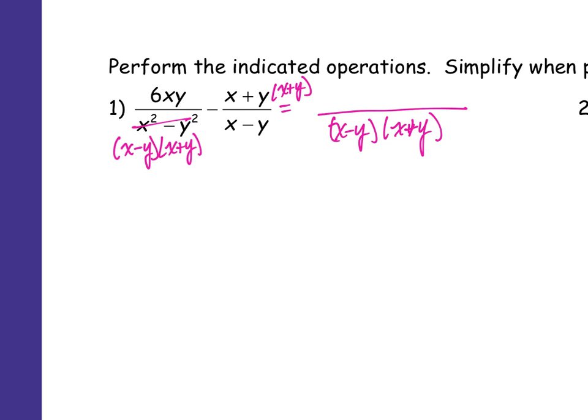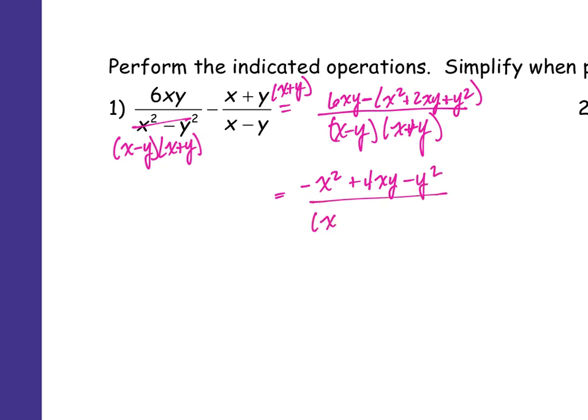Okay, so we've got a 6xy minus, and then x squared plus 2xy plus y squared, which is going to equal -x squared plus 4xy minus y squared all over x minus y and x plus y. Done.